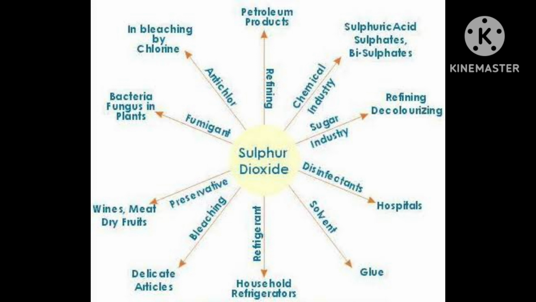Third step, now that we got the SO3, is absorption of SO3 in H2SO4. Actually, H2SO4 is a dehydrating agent. Remember always, H2SO4 is a dehydrating agent. It can absorb water molecules. But in the third step you can see absorption of SO3 in H2SO4.